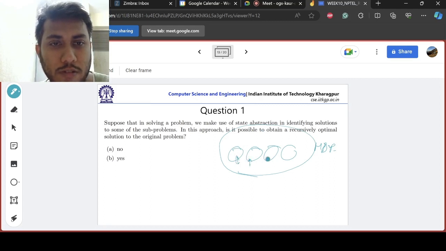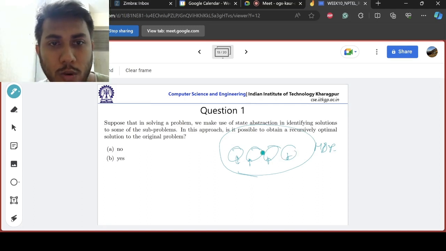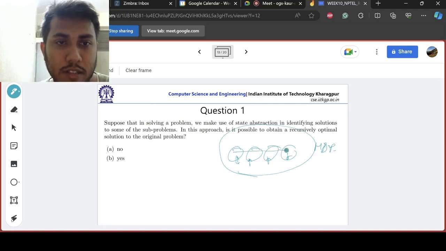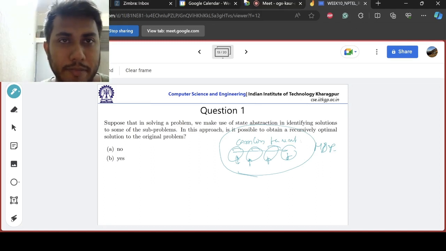Is it possible to find the optimal solution to each sub problem? If you combine the results, can you get an optimal solution compared to the MDP?